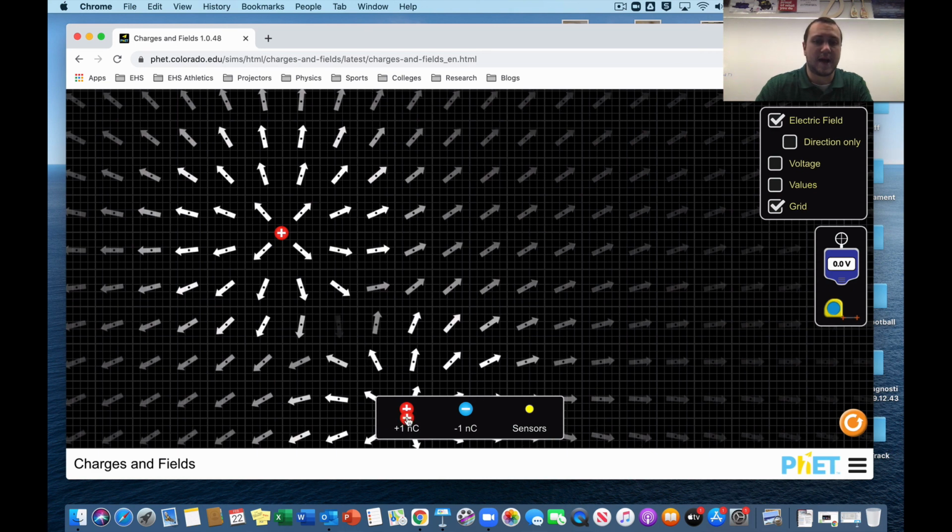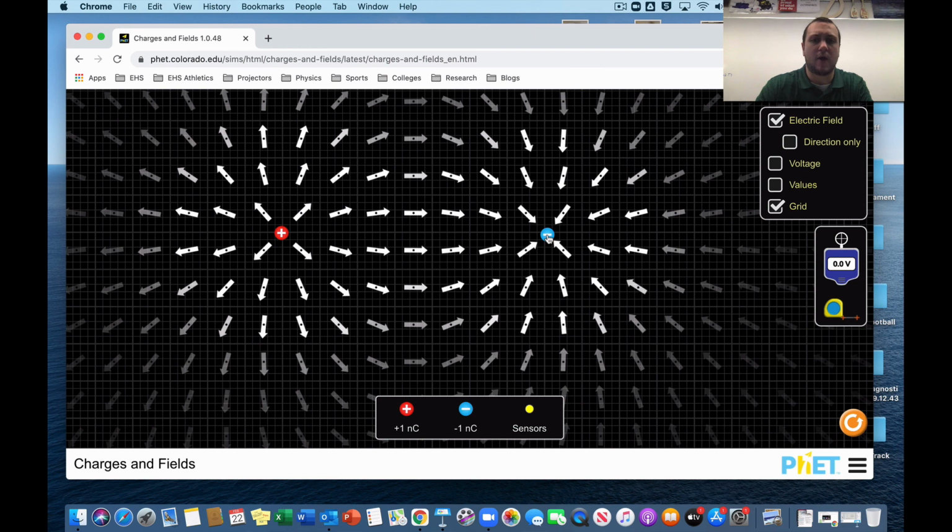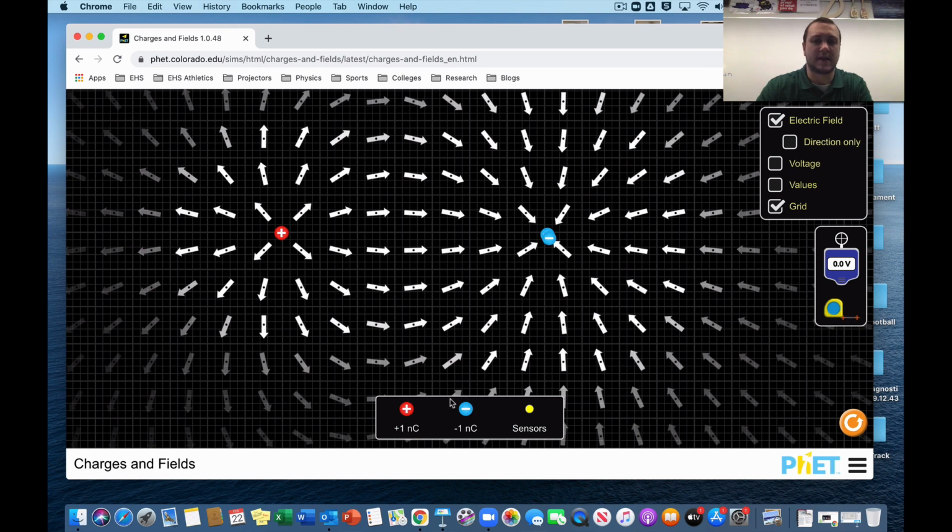If I replace the positive charge with a negative charge, now notice how these field lines intersect with one another, right? They physically connect, they go away from the positive, they go towards the negative, and we have a nice bright area here, and we see this charge strength fall off as that distance increases. If we add another charge here, it gets stronger.